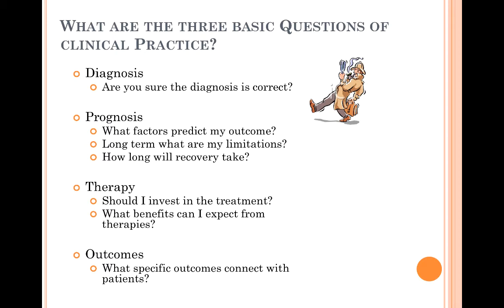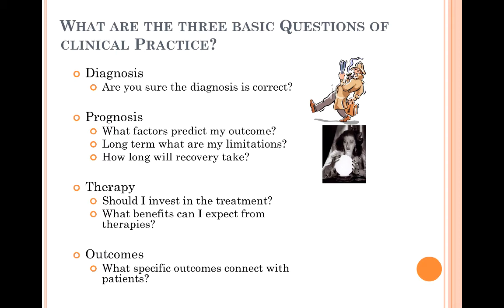In terms of prognosis, this is more interesting because it's like, can you really predict the future? And so your patients might say, what factors are going to be important to my outcome? And this is all about beliefs. If patients believe that their back is broken because they have a disc herniation, it may be very difficult for them to recover. And that's why the psychosocial factors turned out to be more powerful than the structural factors, because it's about the patient's beliefs, right?